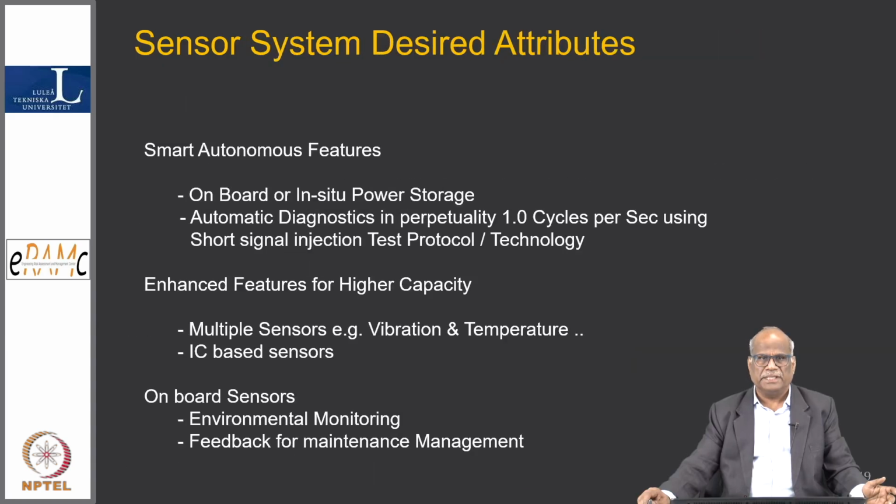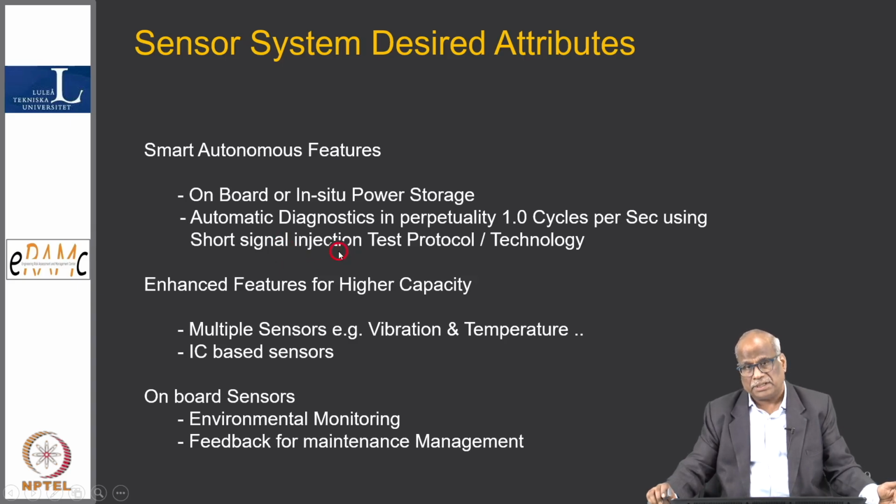Now sensor system desired attributes. We have said what are the attributes that we desire. We want the sensor system to be independent because sometimes sensors are located in remote locations. Now how about having onboard intuitive power management? That means if power supply is cut off, they should operate on their own. Automatic diagnostics: if something has gone wrong, they should be able to diagnose that problem and communicate to the main station.